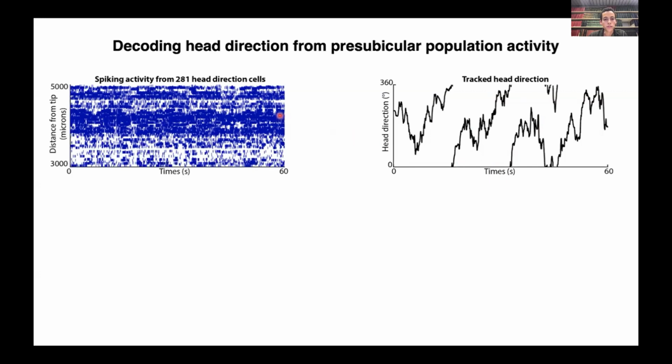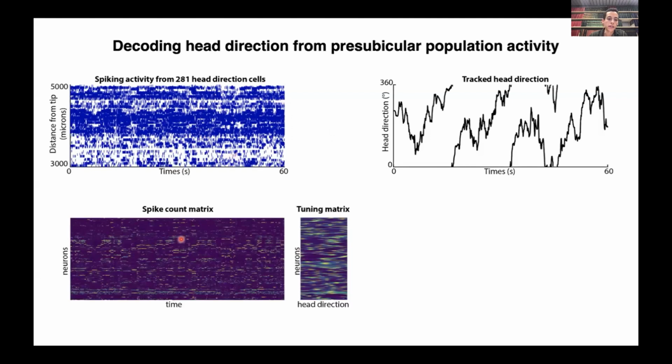So the first thing we have to do is to transform this raw spiking data into a spike count matrix. So we bin the spikes in time bins. Here it's 10 millisecond time bins with some smoothing. And then you end up with this neurons by time matrix. And we also need, at least for this approach, tuning curves for all the neurons.